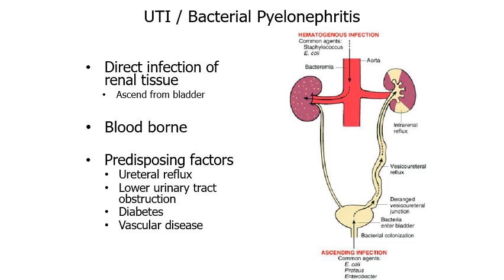We're more concerned here about infection which not only involves the urethra and bladder but actually ascends up the urinary tract and can involve the renal pelvis and secondarily the kidney, and so this forms the condition of bacterial pyelonephritis.